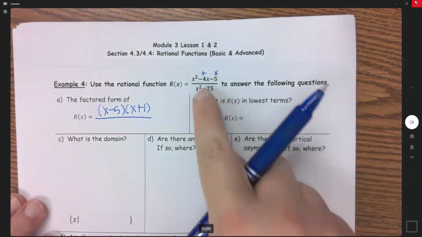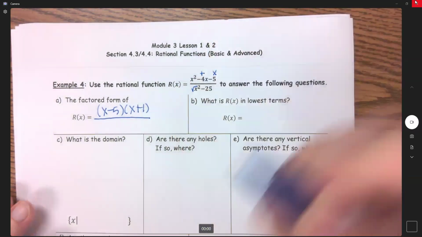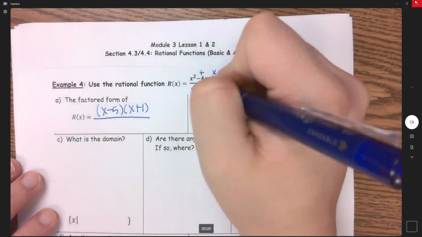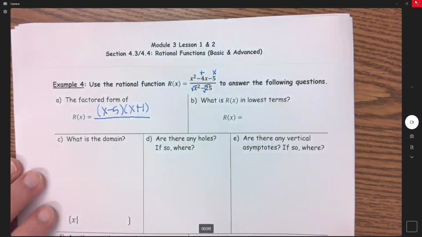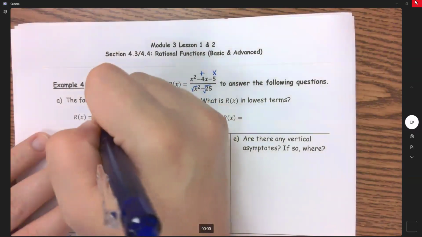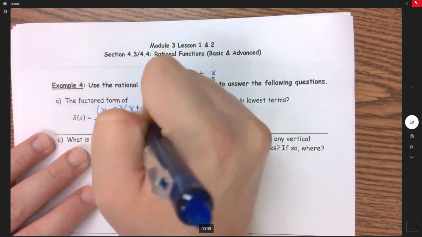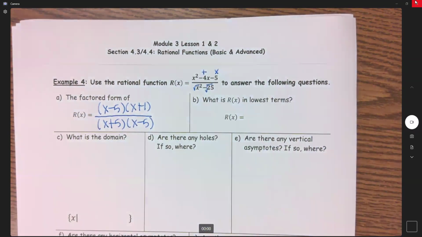Over, we have a difference of squares here. The square root of x squared is x. The square root of 25 is 5. So we have x plus 5, x minus 5.